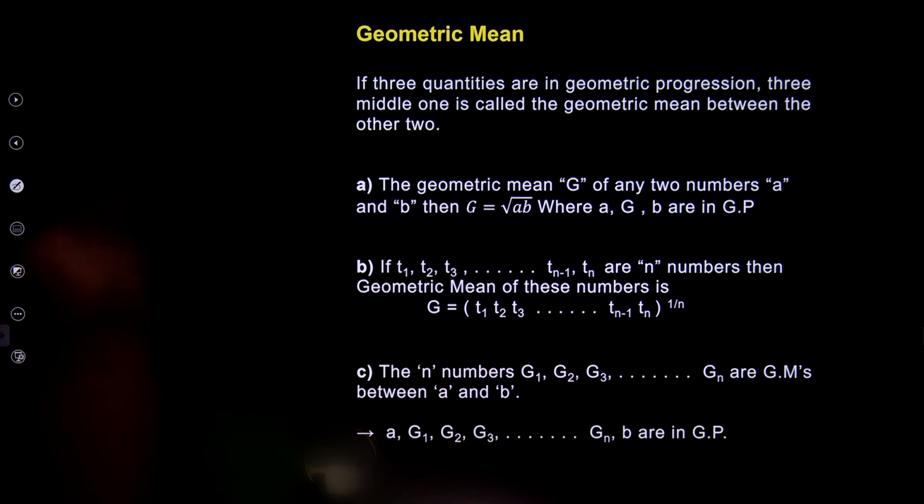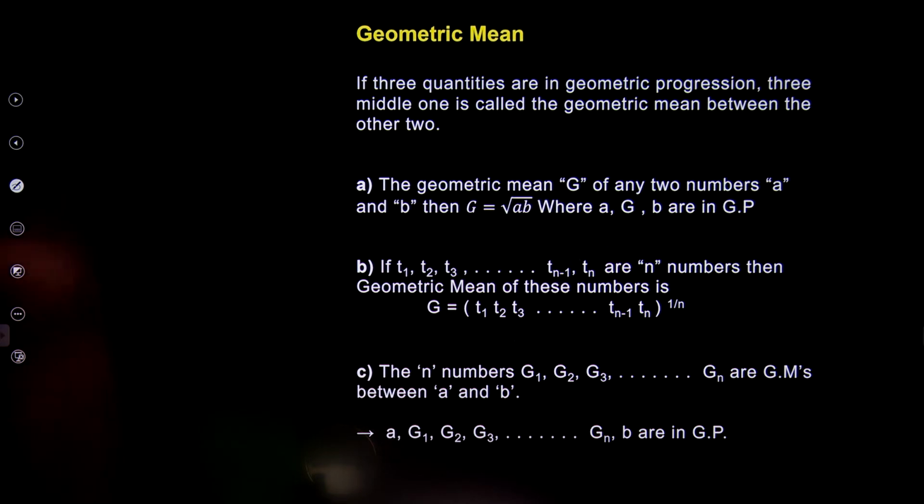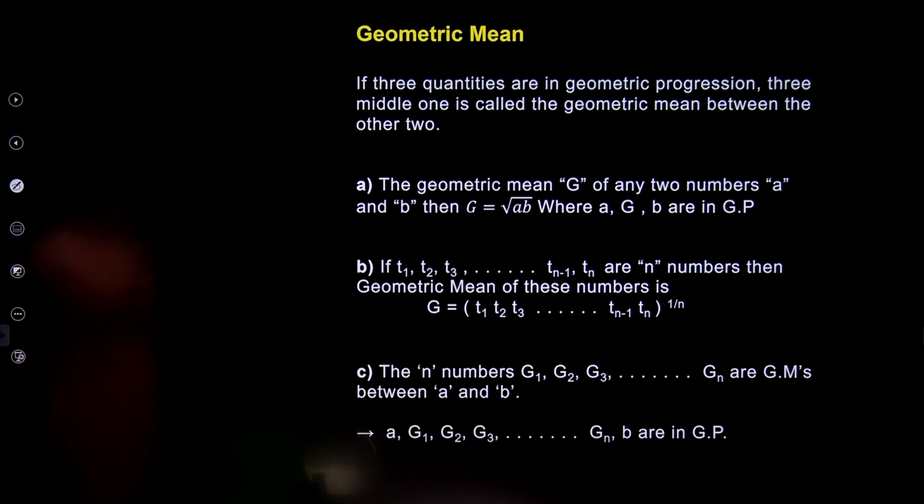Then if T1, T2, T3 and so on Tn minus 1, Tn are n numbers, the geometric mean of these numbers is G equals (T1 T2 T3 and so on Tn minus 1 into Tn) whole power 1 by n. It can also be written as the nth root of T1, T2, T3 and so on Tn minus 1, Tn.